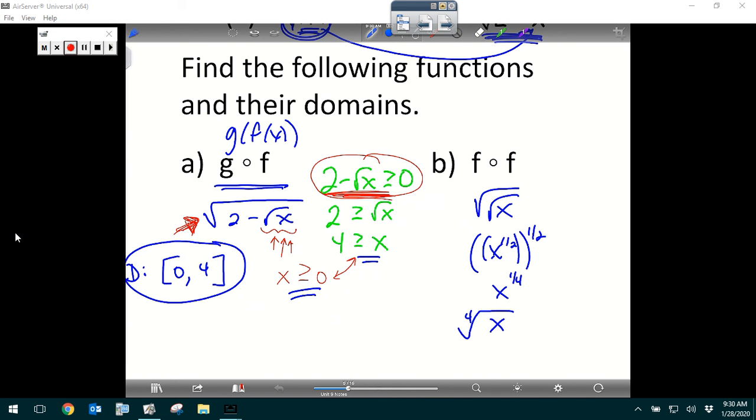Yeah, negative numbers are fine with odd roots, but not with even roots. So for this one, what's our domain going to be? 0 to infinity. Very good. 0 to infinity, and I'm including 0. Okay, how is that? We okay?